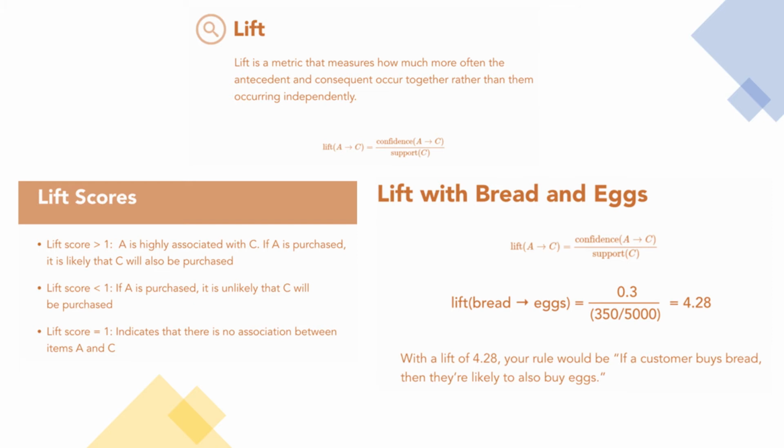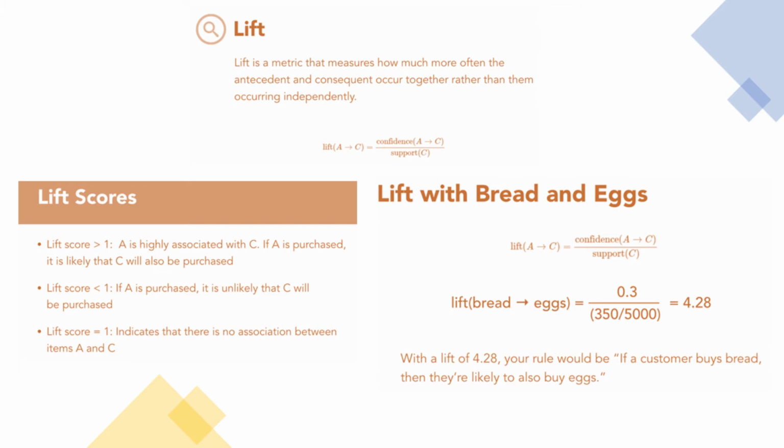Then we need to divide that by the support of C. We've already calculated that support, and you see here that we have a support of eggs of 0.07, or 350 divided by 5000. It's the proportion of egg purchases out of the total number of purchases made. So we just plug that into our lift equation, and when we do the math, we get a lift of 4.28.